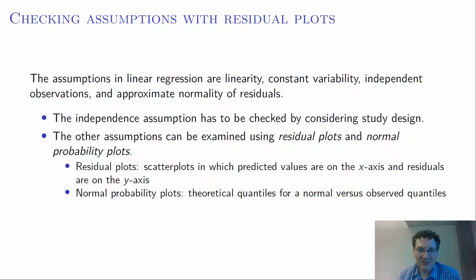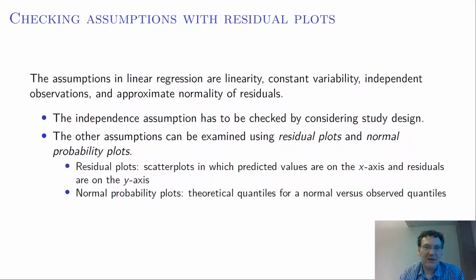It's going to look pretty much the same for a simple linear regression, but for multiple linear regression, because you have lots of different x values, we may need to look at different values to put on the x axis. As far as independence goes, you have to think about how the study was constructed.